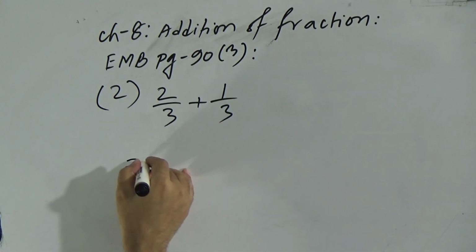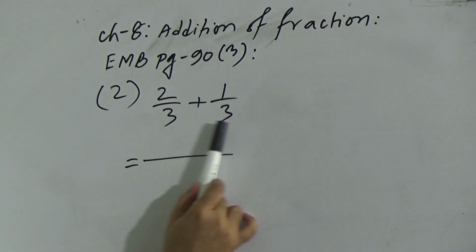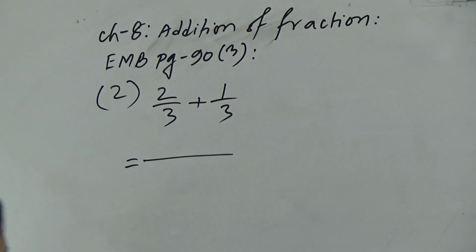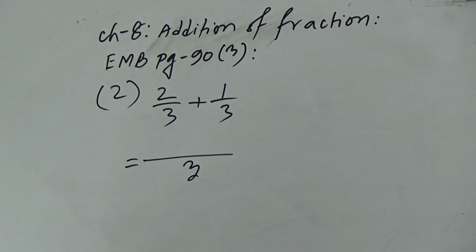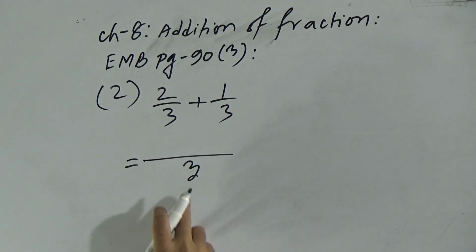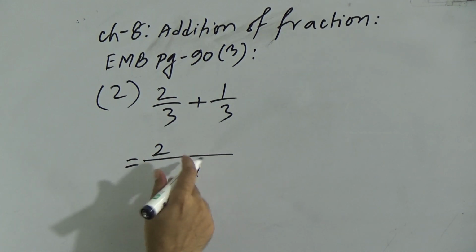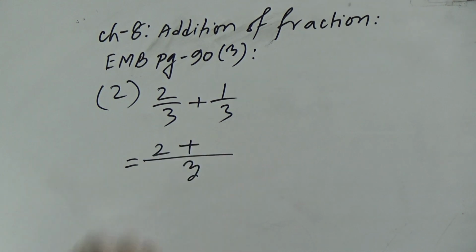To add these two fractions, dear students, you have to remember that if the denominators are same, here denominator is 3, here is also denominator 3, then you will write only one denominator. Then you have to add just the numerators. Numerator of first fraction is 2 and here is addition sign, so use addition.